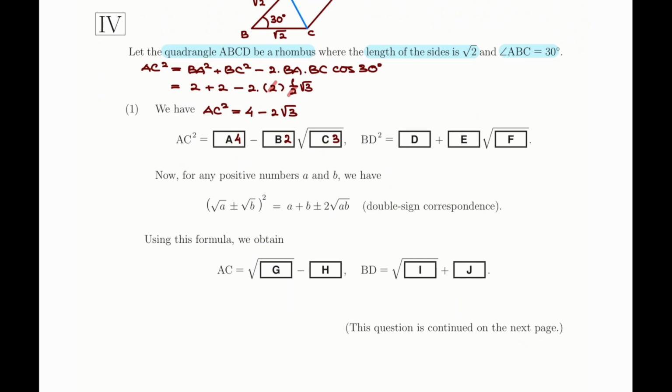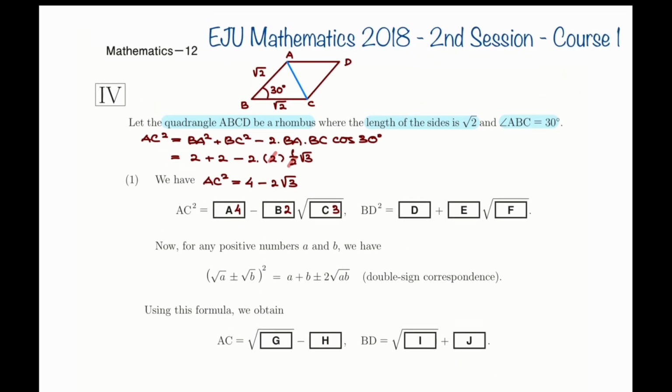And then, if you want to find BD squared, you can also use the cosine rule. But now, I think you need to focus on triangle either BAD or BCD because you want to find BD. Since ABC is 30 degrees and AB is parallel to CD, then angle BCD is equal to 150 degrees.